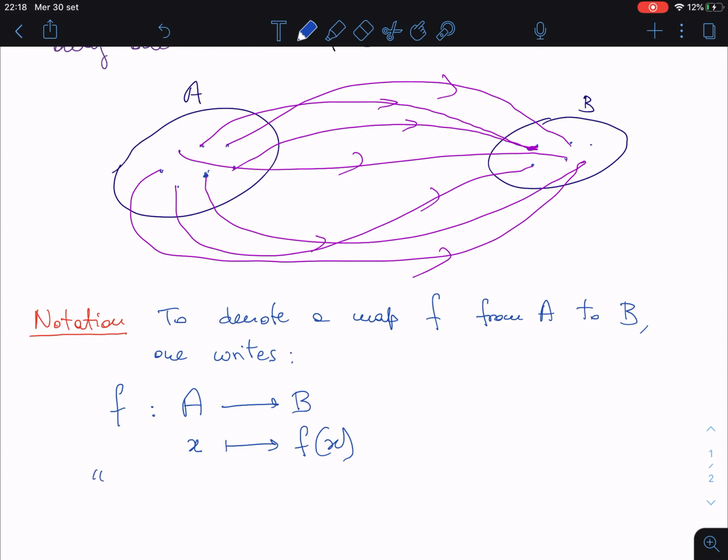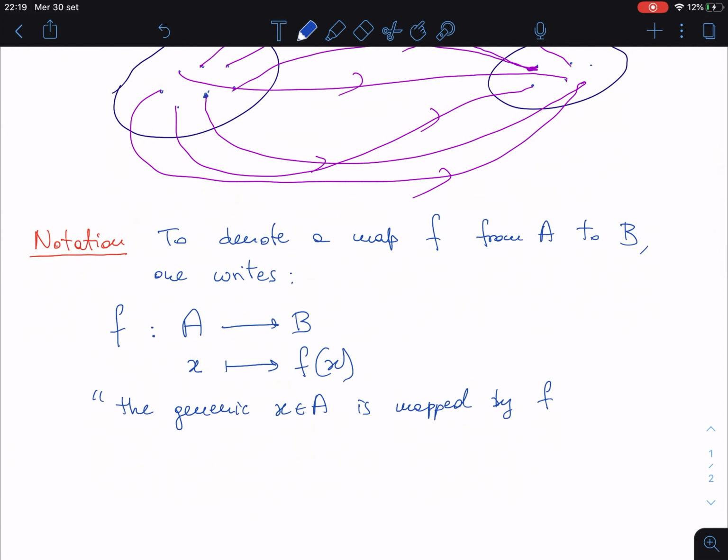So it means that the generic element x of A is mapped by f to the element f of x of B. Okay, this is the interpretation of this way of writing.